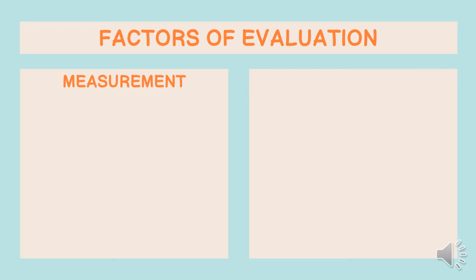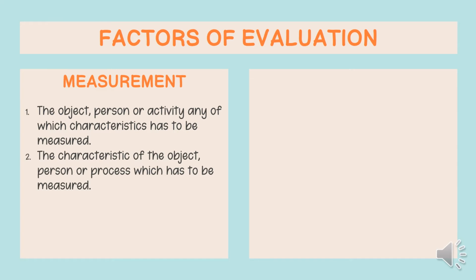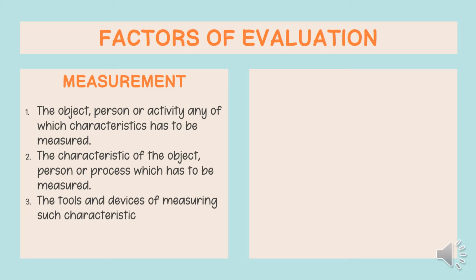Now, the factors that could affect the measurement are the object, person, or activity, any of which has characteristics to be measured. Also, the characteristics of the object, person, or the process. Tools and devices also could be a factor.